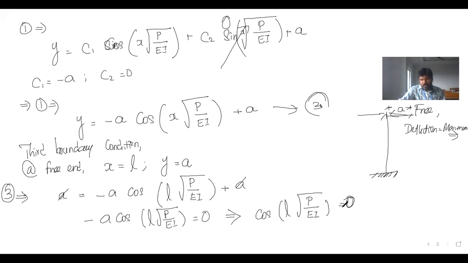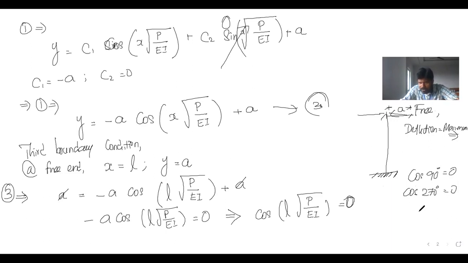When the cos term is equal to 0, it can be cos 90 degrees or cos 270 degrees, which automatically gives the value 0. For example, cos 90 is equal to 0, and cos 270 degrees is equal to 0.